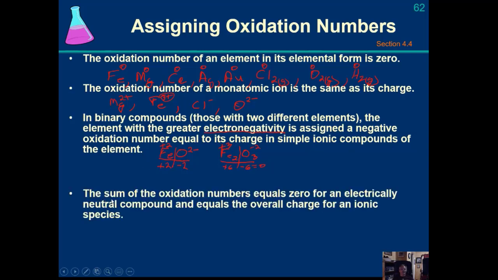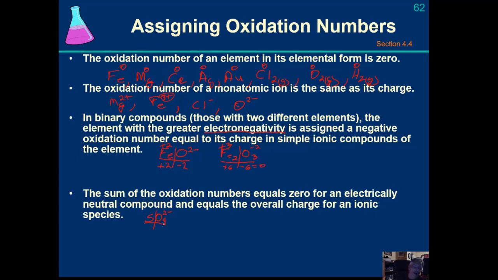The sum of the oxidation numbers equals 0 for an electrically neutral compound, like we had up here, and equals the overall charge for an ionic species. So let's take a look at an ionic species. I'm going to use sulfate, okay? And it's a 2- anion. All right, so I'm just going to split this up.